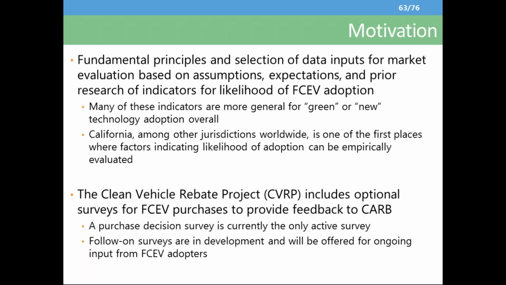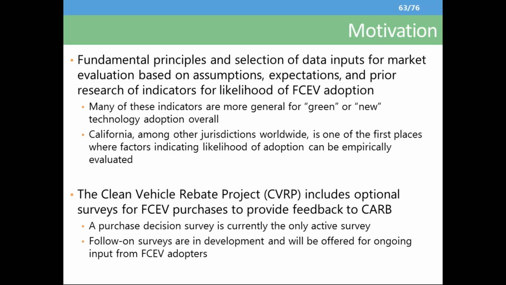So a lot of our indicators are pretty general for green or new technology adoption. They're not necessarily fuel cell adopters in particular, but we do tailor it as we get information from the Clean Vehicle Rebate Project.